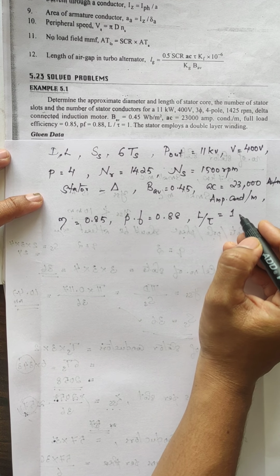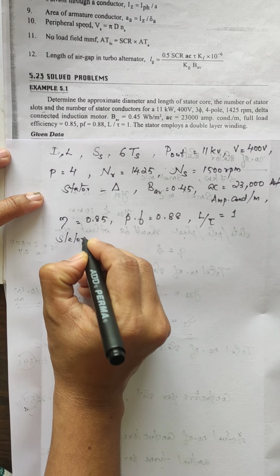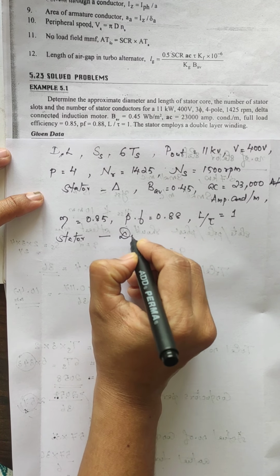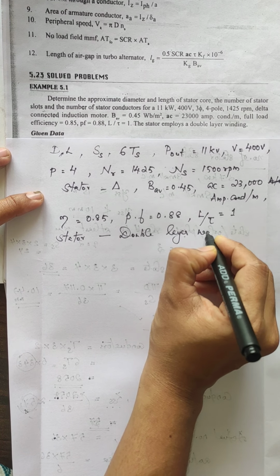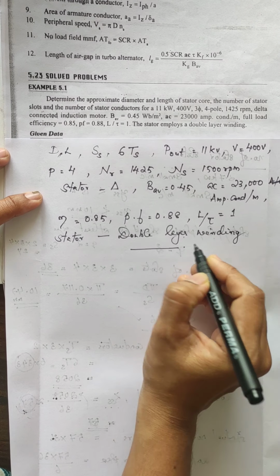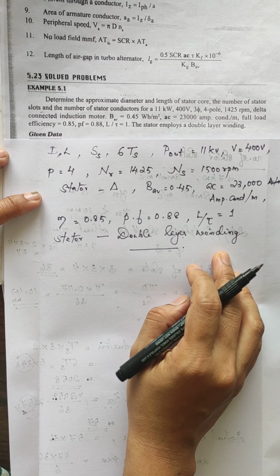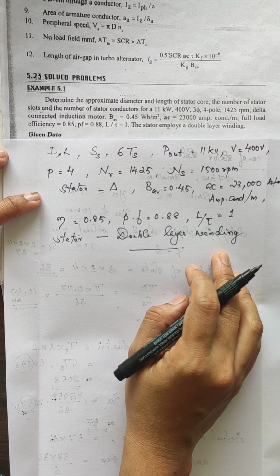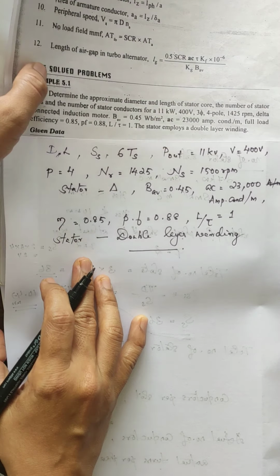L by tau is equal to 1. And it is given that the stator winding is a double layer winding. So this much data we know. With this we have to design the particular machine. So let us move on to the solution.